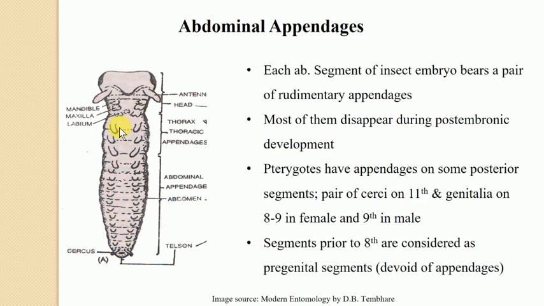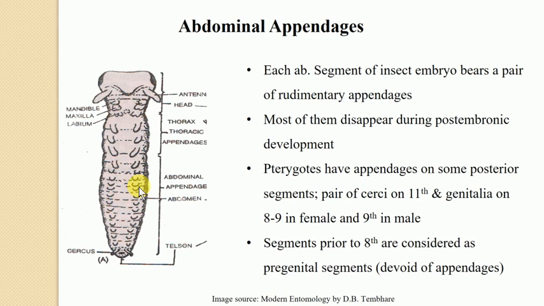This is the head region, then the thoracic region, and from here the rest of the segments belong to the abdomen. These rudimentary appendages disappear as embryonic development is completed, and in post-embryonic development no such appendage is found on the abdominal segments of an insect.